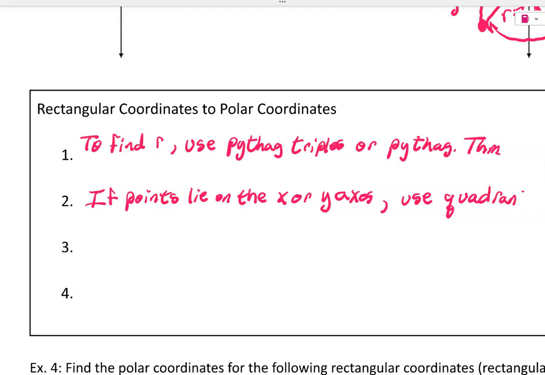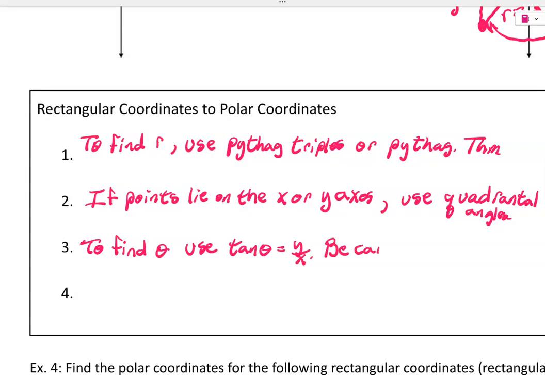You know, angles like pi over 2 or pi, 3 pi over 2, you get the idea. But in general, to find theta, use the tangent of theta equals y over x. Be careful, we just saw a minute ago what could happen.